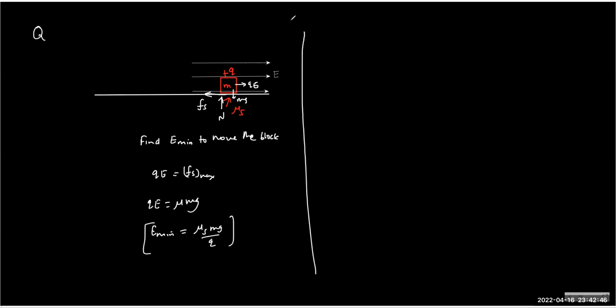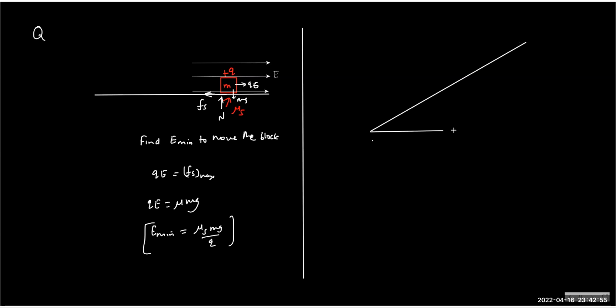But to make this problem slightly more complex, we can draw something like this. Let's say we have the angle theta, we have a block. What we are doing is creating a uniform electric field in the horizontal direction.